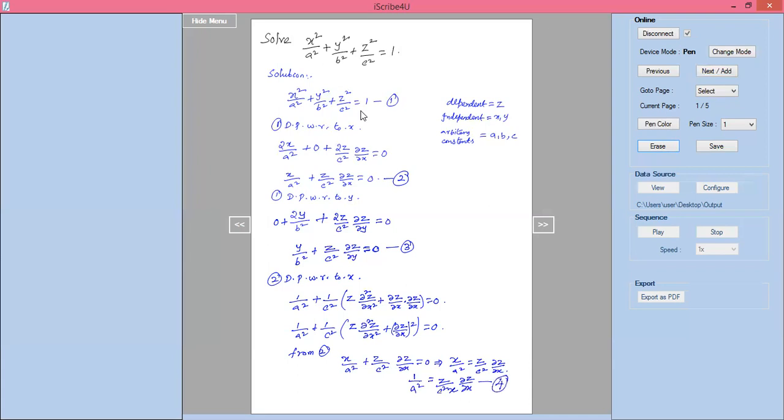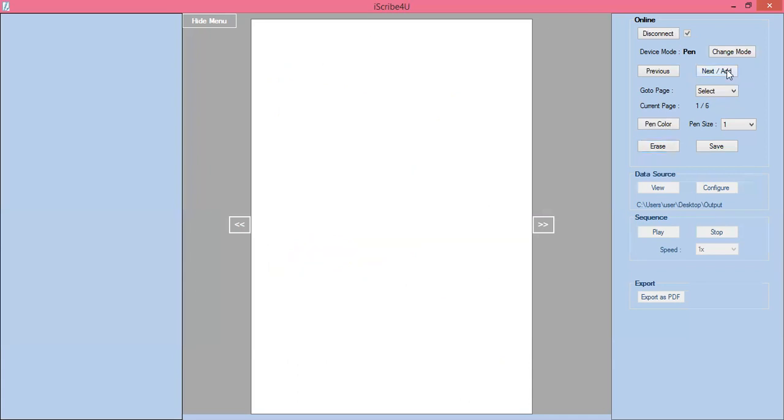This is equation 4. Now substitute equation 4 in equation 3.